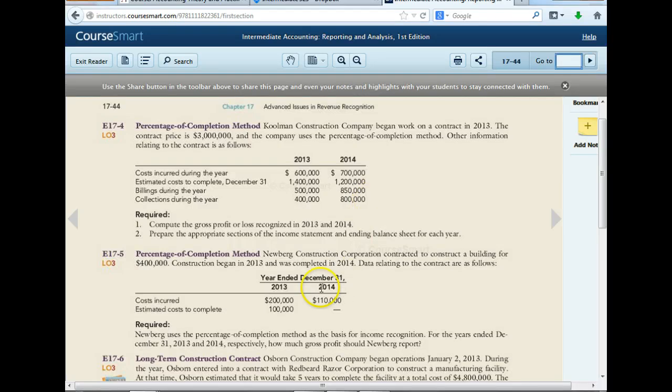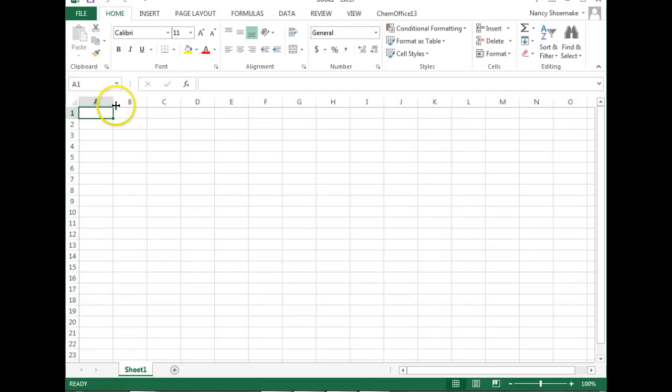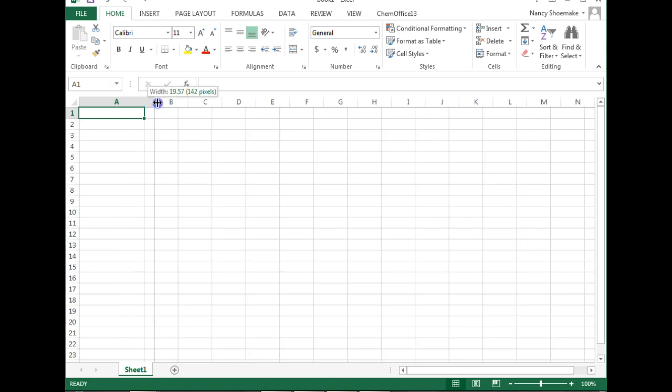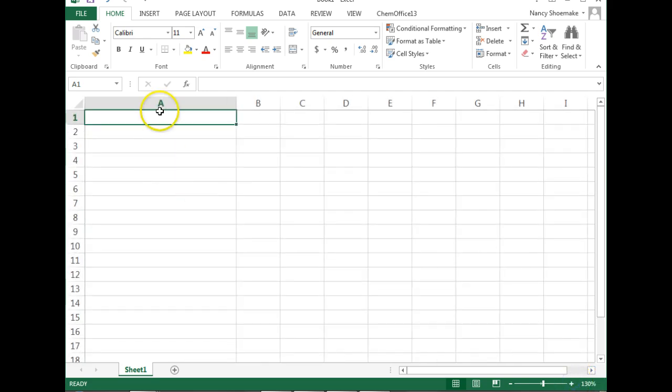Okay, so you guys have your little sheet there. I'm going to pull up an Excel so I can work this together with you all. And we know here the contract price is how much? $3 million.